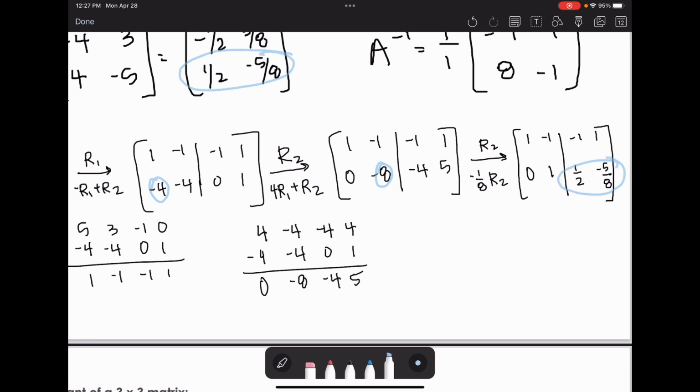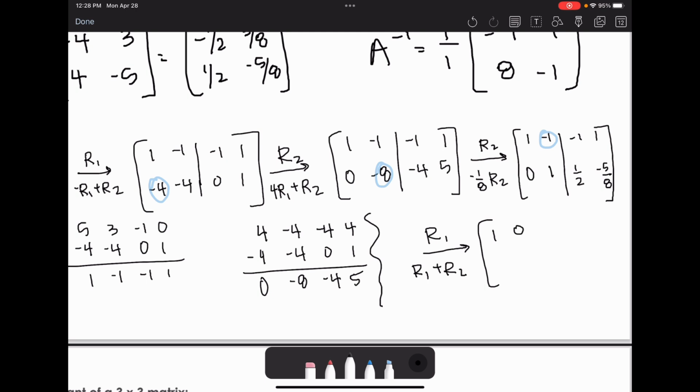Ta-da! We're getting there. So then we just have one more step to get the top row, which I'm just going to write down here. Row 1 is going to be row 1 plus row 2 because we want this to be a 0. If we add row 1 and row 2, then that will be a 0. So we have 1, 0.